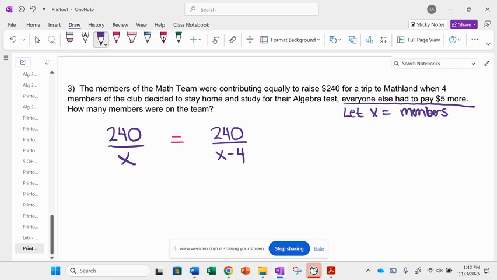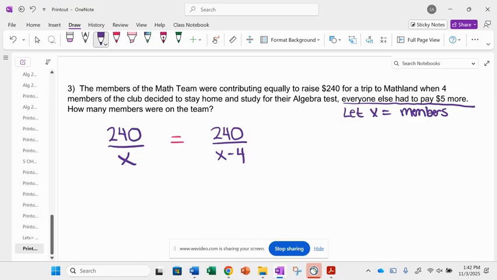All right, if you take a number and divide it by a number, and then take that same number and divide it by a smaller number, when you divide by a smaller number, don't you get a bigger quotient? Versus when you divide by the bigger number, you'll get a smaller quotient.